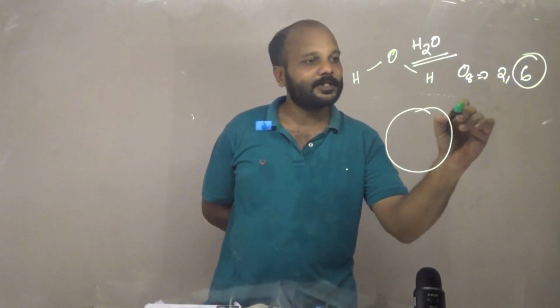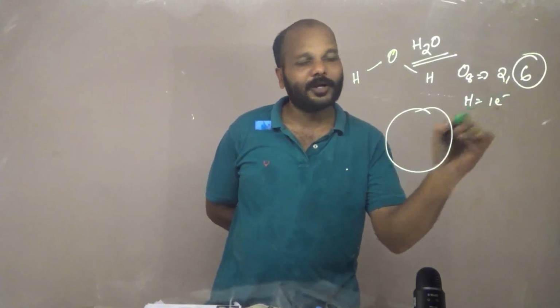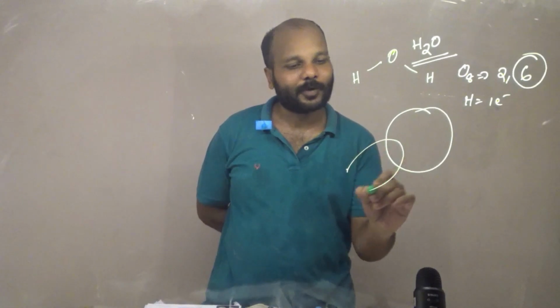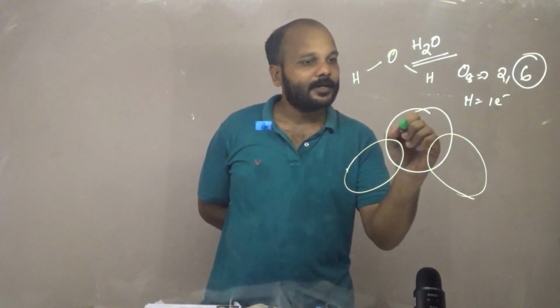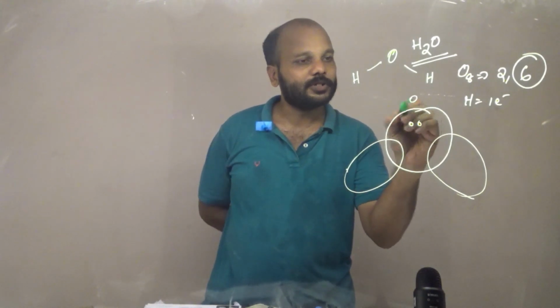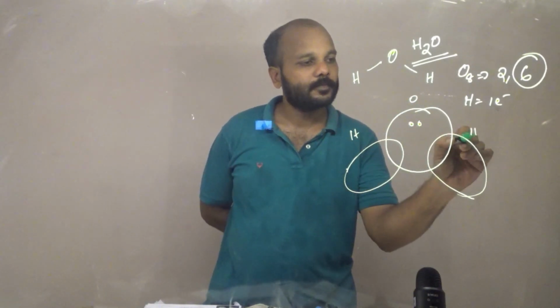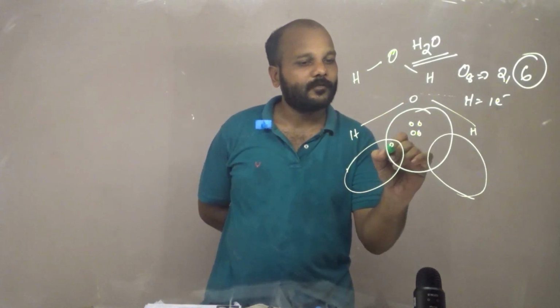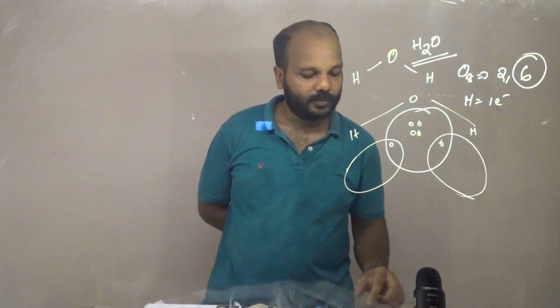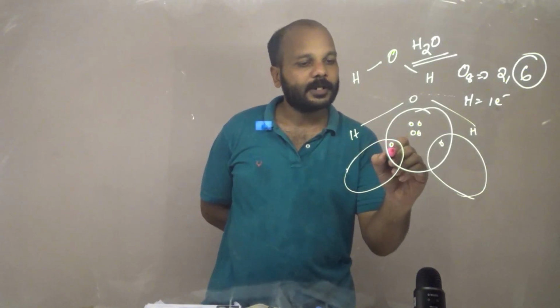Hydrogen has only 1 electron. Hydrogen is not so proud of having many electrons. So now 1, 2, this is oxygen, this is hydrogen, 3, 4, 5, 6.